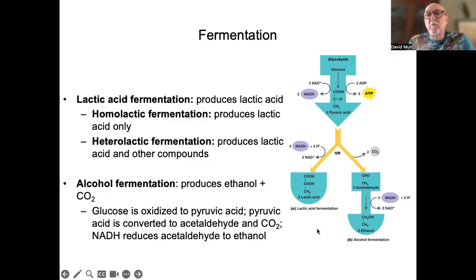The first group of fermentations are called the lactic acid fermentations. The simplest of all are those which just produce lactic acid. Those that only produce one kind, lactic acid, are called the homolactic fermenters. This is homolactic fermentation. But there are many others which produce lactic acid plus a whole slew of other compounds, which we'll see in a minute. Those are called the heterolactic organisms.